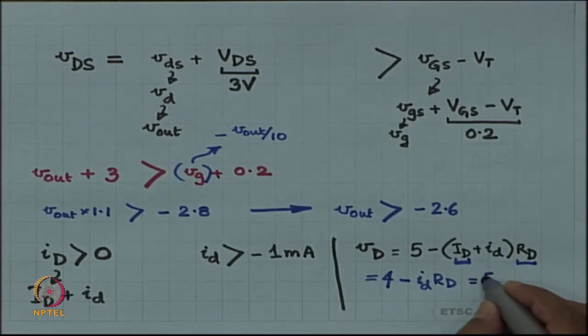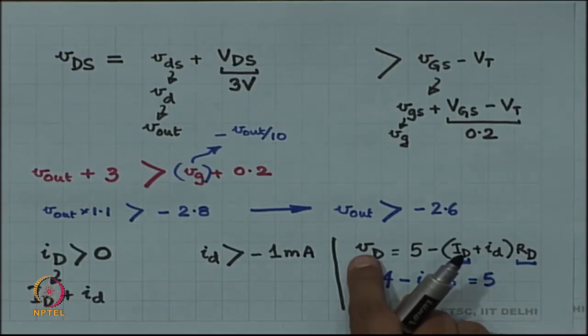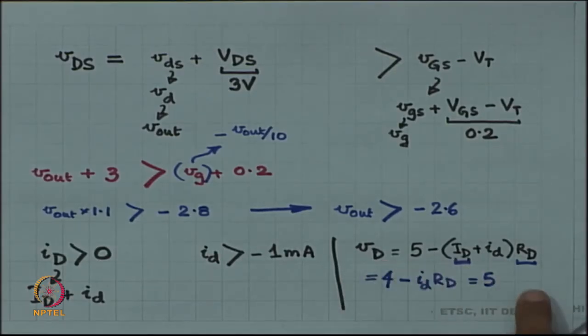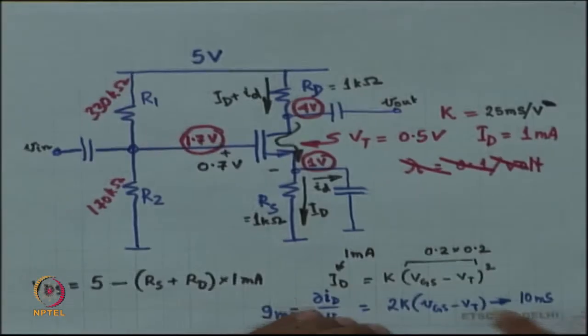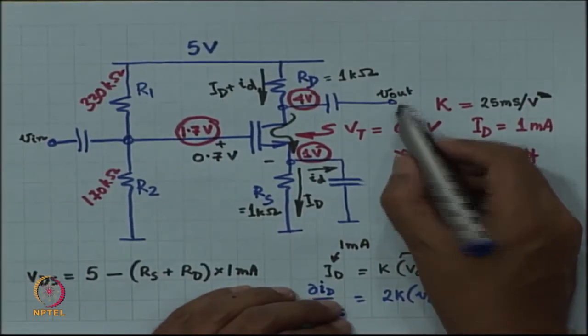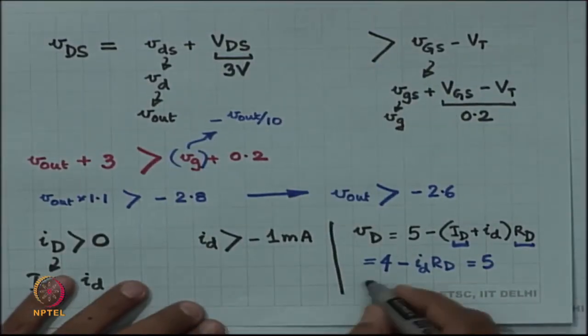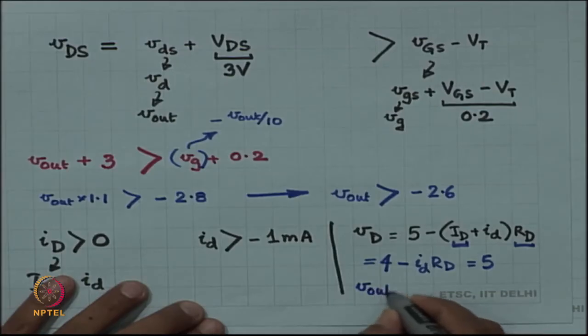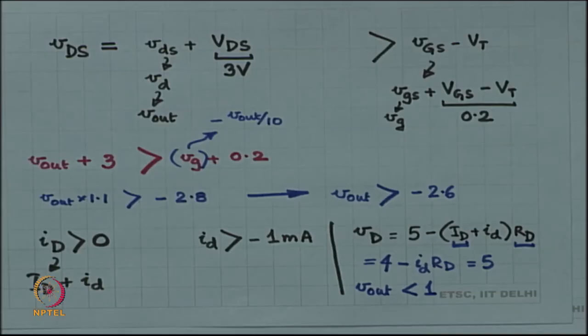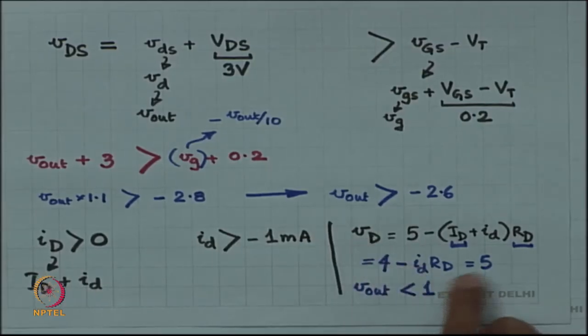Now, this happens to be 5. So, the largest value of the drain voltage is 5 volts, which means that the maximum V out is how much? Is 1 volt, because V out is what changes from the drain voltage steady state. Operating point of drain voltage is 5 volts, 4 volts, and then beyond that the drain voltage can go all the way up to 5.